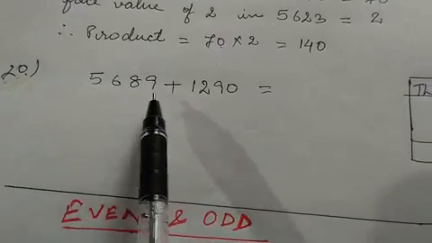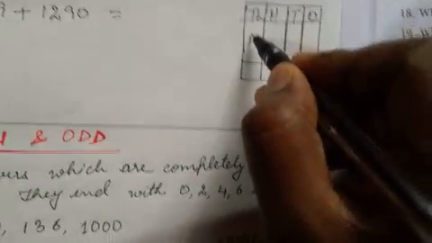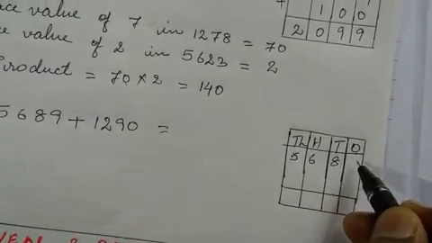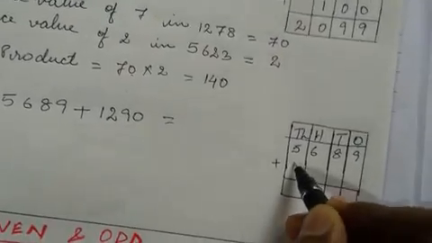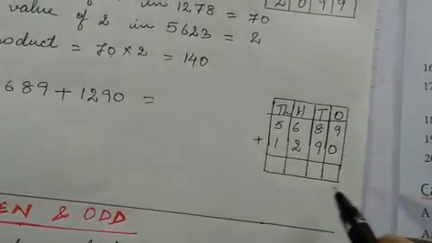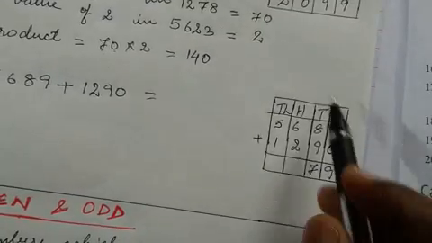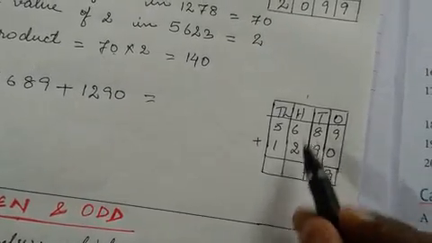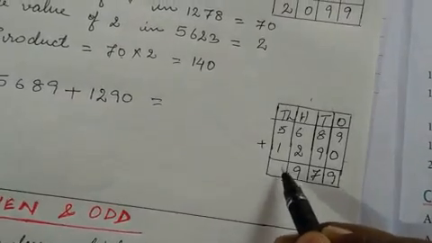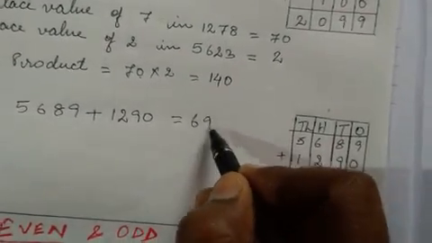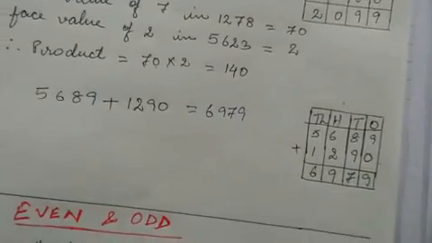So 5689 plus 1290. 9 plus 0 is 9. 8 plus 9 is 17, carry over 1 here. 6 plus 2 is 8, plus 1 is 9. And 5 plus 1 is 6. So our answer is 6979.